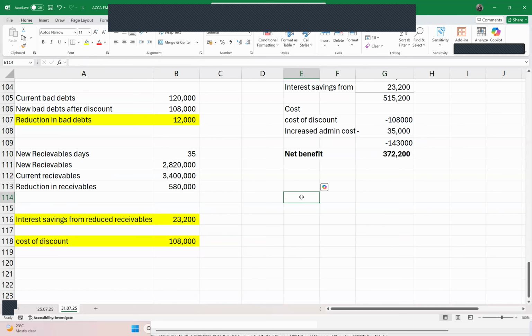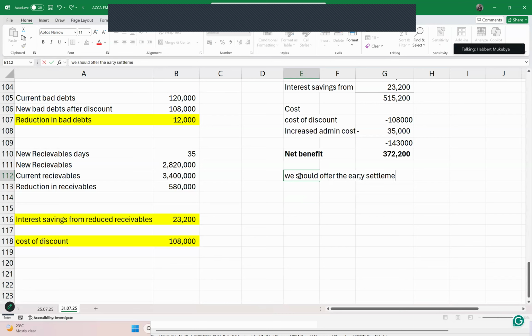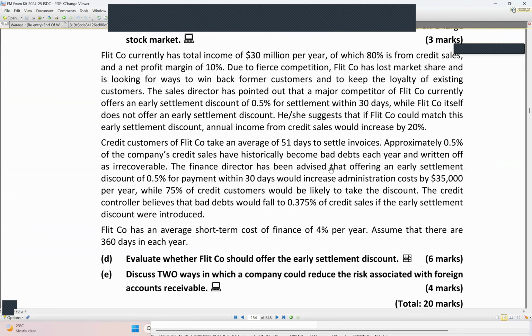Okay, so because there's a net benefit, we should offer the early settlement discount. So that is how that is done. I don't know if you have any questions on it.